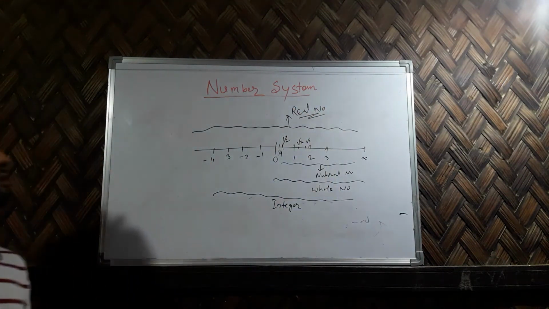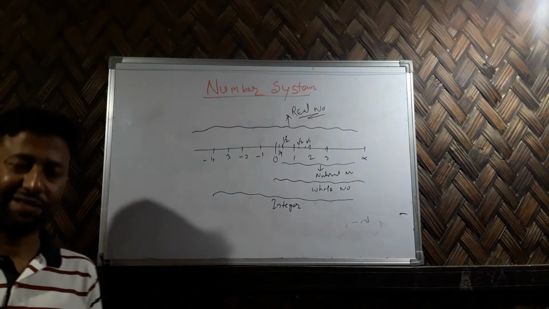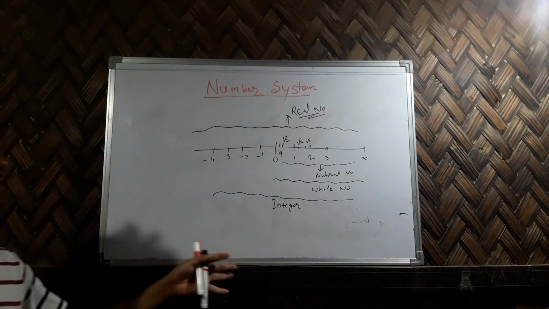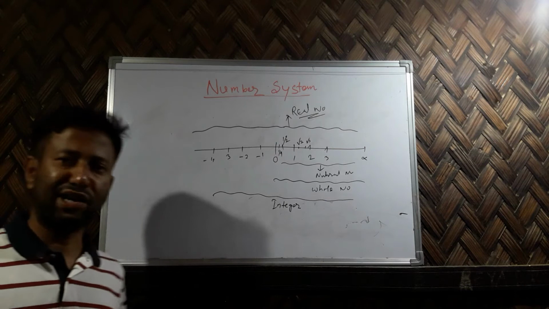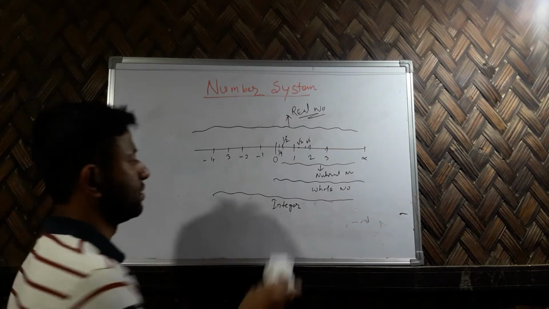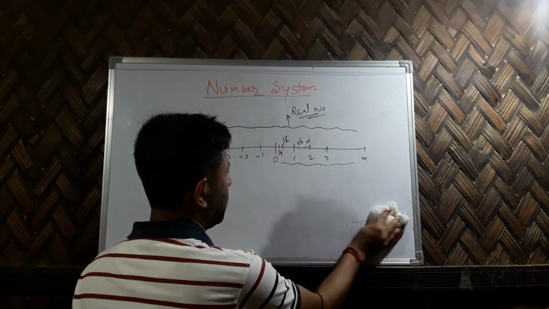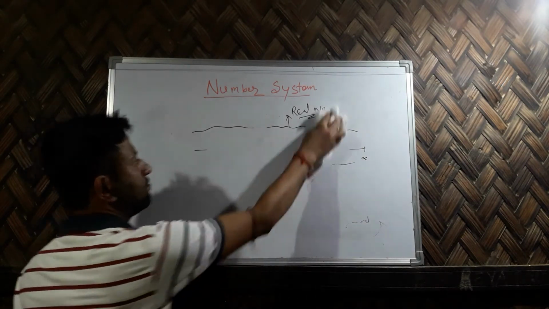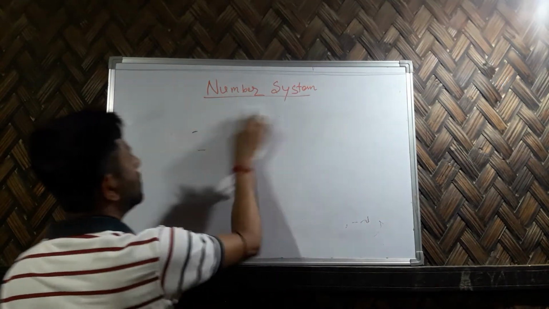We'll go through details about all these things. The basic parts start from these. This is about the general scenario regarding the number system. Now we start with the number exercise. What is the first exercise of number system?